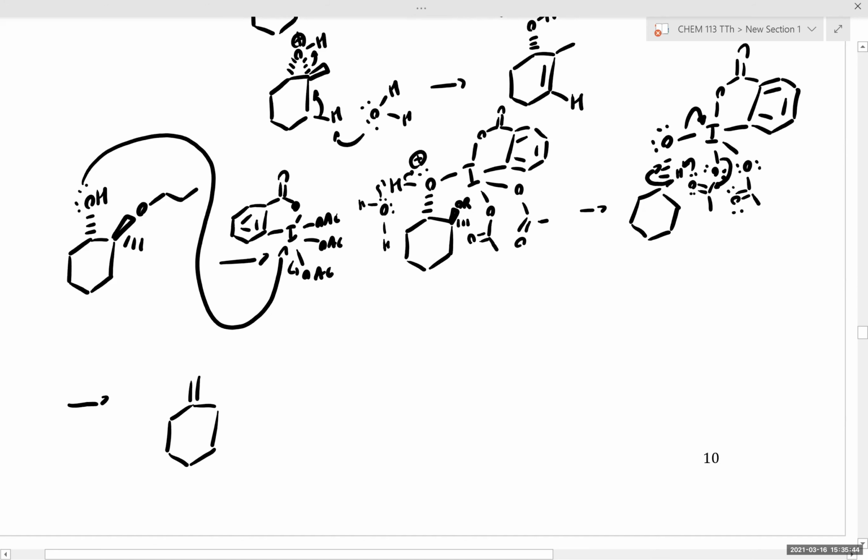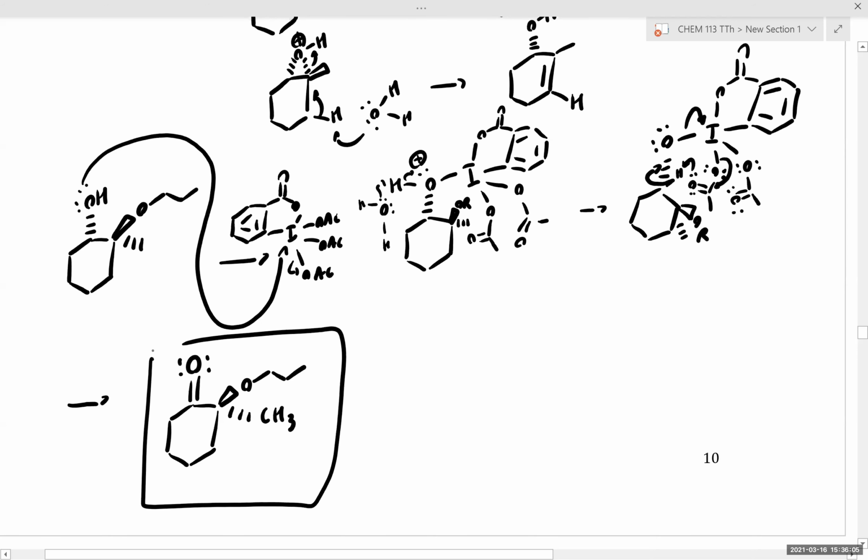It gets a little congested around the site of reactivity. So I'm just abbreviating our other groups as OR. The iodine's actually not doing a ton, but it's just serving as an oxidizing agent. So in the end, we get this highly alpha substituted ketone. And it's pretty difficult actually to prepare these substrates under normal conditions.